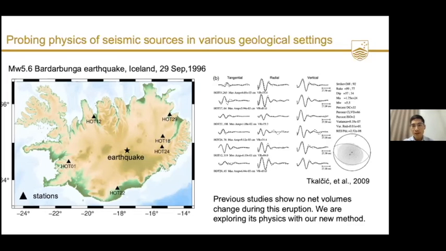It was recorded well by the regional-scale Iceland hotspot project seismic experiment. Previous studies showed that there was no net volume change during this eruption. So with our new source inversion method and this well-recorded data, we will hopefully resolve this puzzle and help us understand more about volcanic eruptions.